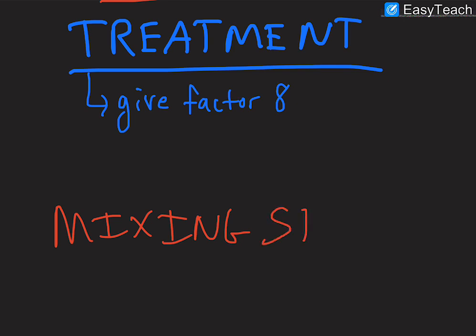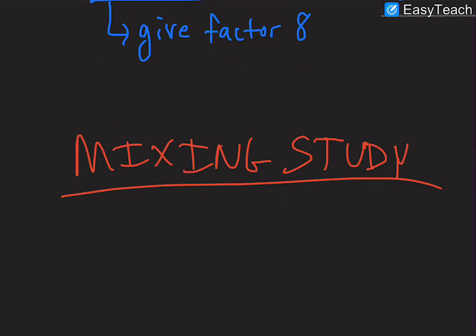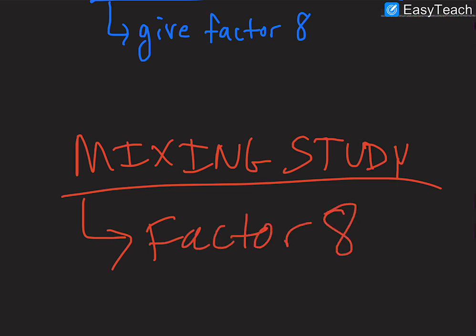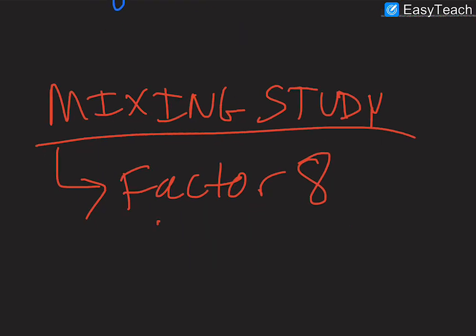So if you do a mixing study and you mix normal plasma into the plasma of a patient with hemophilia A, then that normal plasma will contain normal amounts of functional factor VIII, right? So you're giving functional factor VIII from the normal plasma.